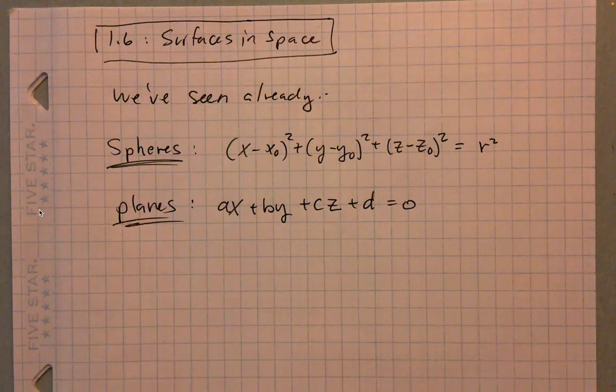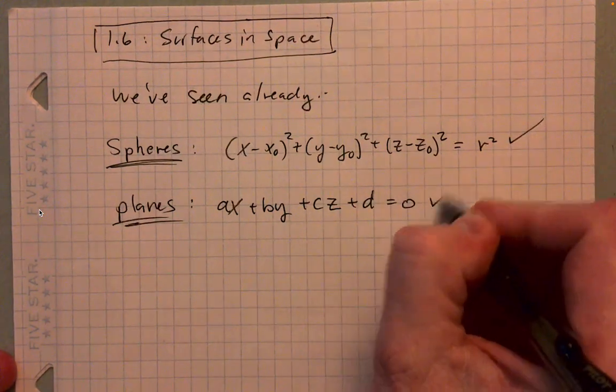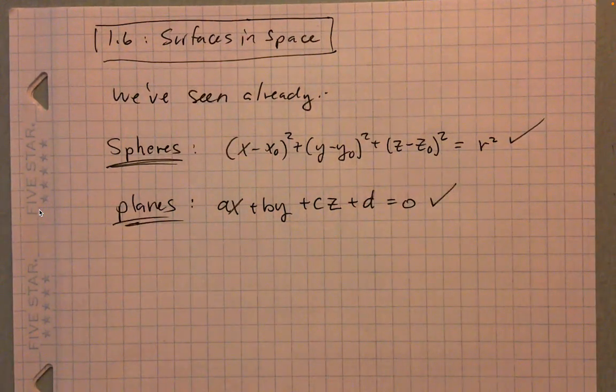So far these are what we've seen, and really the point of this section is to expand our repertoire into a few other shapes. We're not obviously going to get into every shape, but just a few of the common shapes that have a role to play in what's to come in Calc 3.